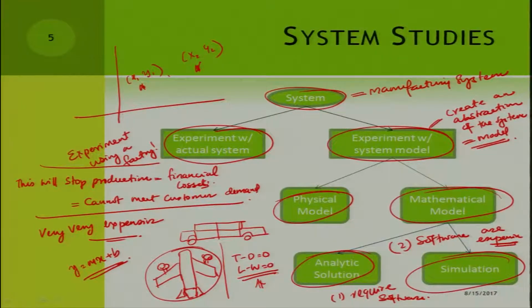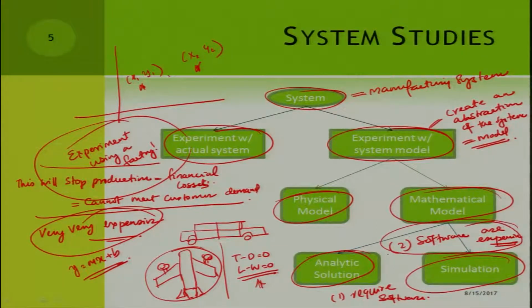Well, obviously not as expensive as this, okay. This is extremely expensive. They are expensive, but only a fraction compared to this. So this expense is way lower compared to experimenting with the actual system. So I hope you understand where the simulation studies fall under the big schema of things.